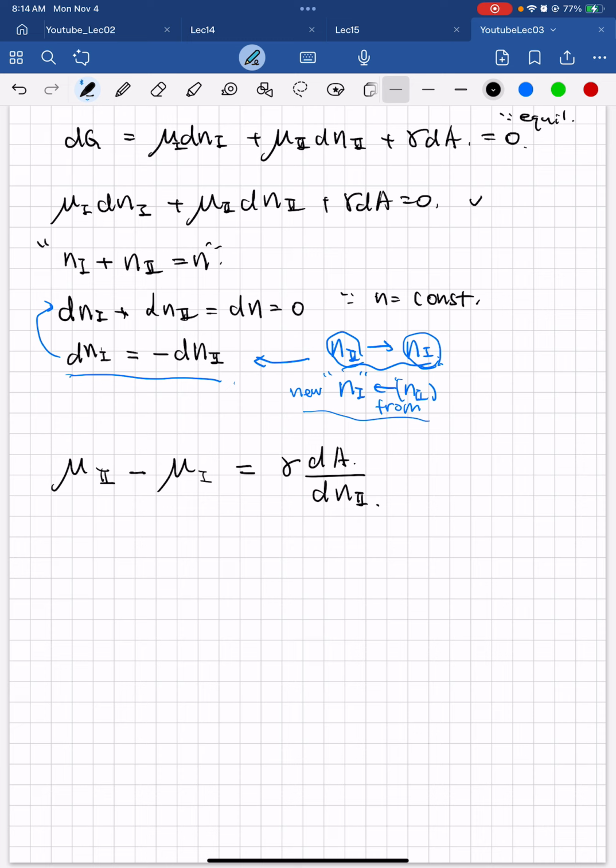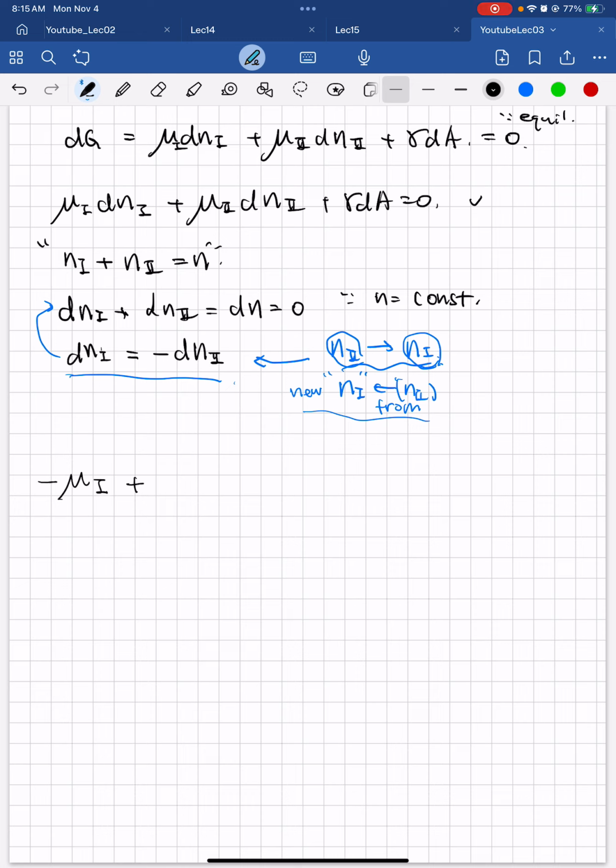Sorry, this is confusing. If you divide both sides by dn2, then it will be like this.